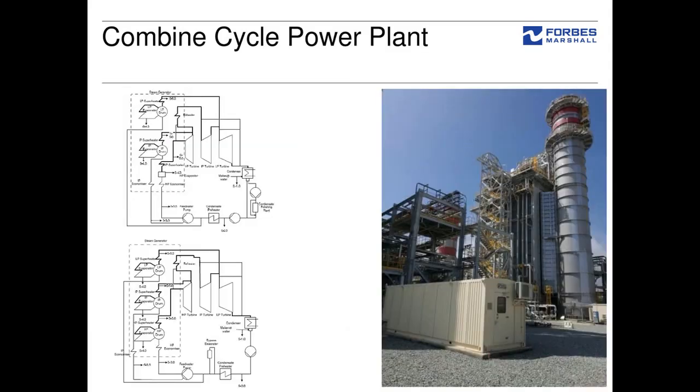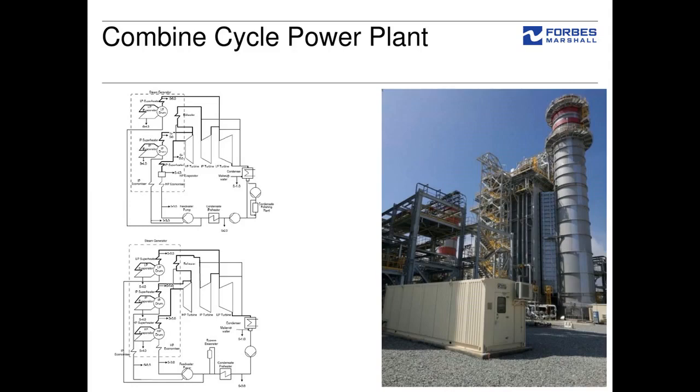In modern days, as I said in an earlier slide, two cycles are combined to increase the efficiency of both cycles. A Brayton cycle has a lower thermal efficiency, and the outlet from a gas turbine is quite hot gases. Those hot gases are taken to the heat recovery boiler as shown in the right side photograph, and in this heat recovery boiler feed water is given through pumps and heated into superheated steam.